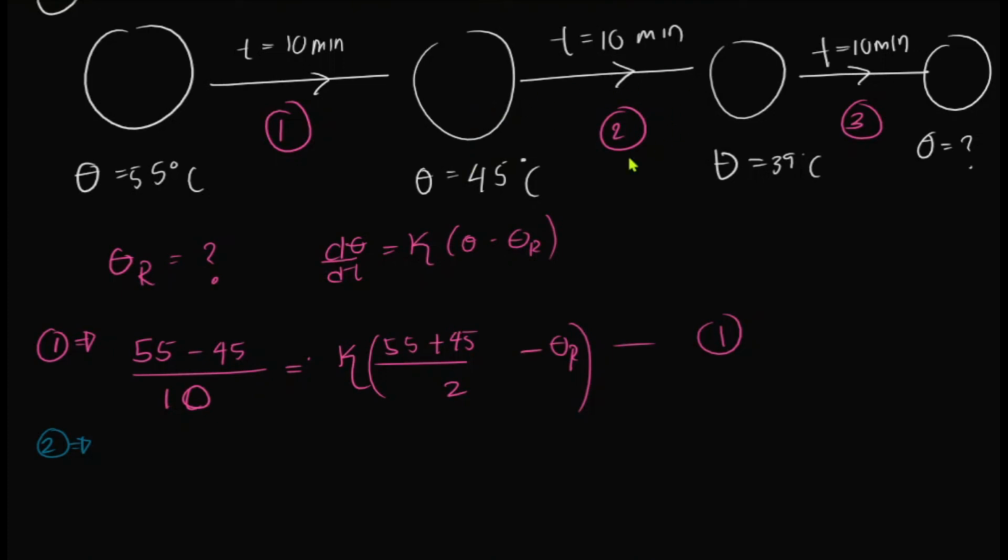In the second cooling process, the temperature decreases from 45 to 39, once again in 10 minutes. The k value is unknown. We take the temperature of the object as 45 plus 39 over 2, minus the room temperature. Do we know it? No. Now let us consider the third process.